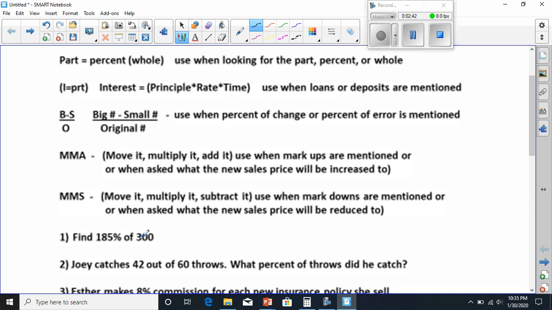Number 1 says 185% of 300. So if we put that in the first formula for part, they don't give us the part. Of is 300, so that's going to be the whole. The percent, remember we have to move the decimal over twice, so we're going to multiply 300 by 1.85, and that's going to equal the part.